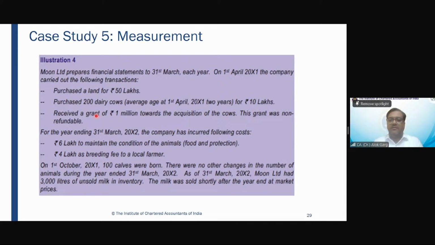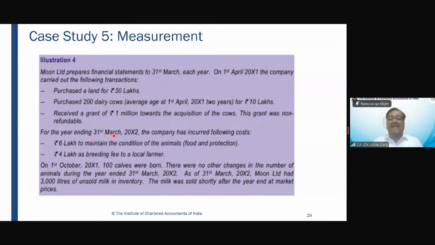Bank to government grant liability to other income, or simply bank to other income. So for these first 3 items, at least we are clear about the entries and where they will be covered.